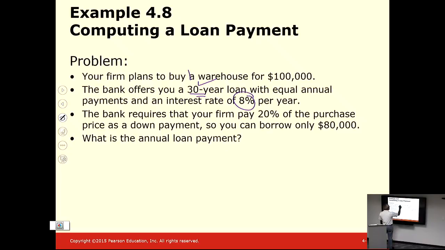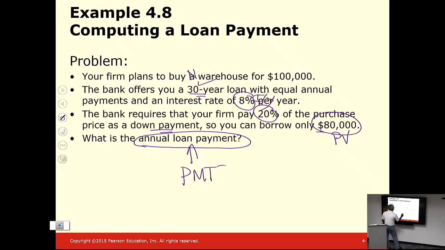Interest rate, so this is N. This is IY. You pay 20% of the purchase as down payment, so you can borrow only $80,000. What will be the annual loan payment? So this borrowing of $80,000, that's your present value. So what's the missing variable? I have to solve for payment.